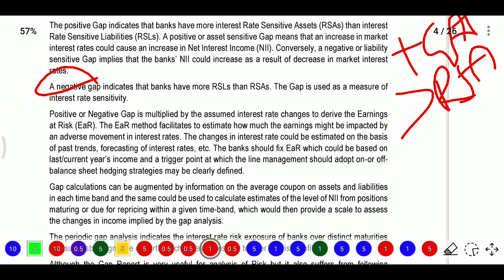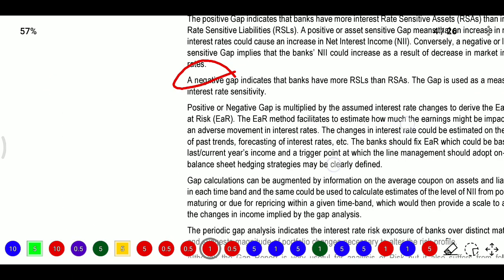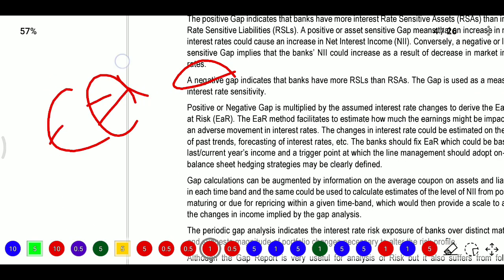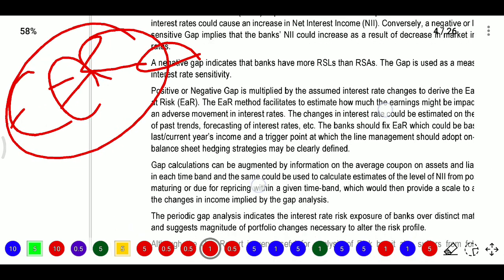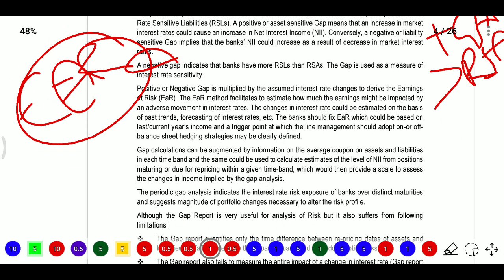So the gap is a measure of interest rate sensitivity. Whether the gap is positive or negative, we need to multiply it with the assumed interest rate change to derive the earnings at risk, EAR. For calculating earnings at risk, we multiply with those rates. The EAR method helps estimate how much earnings might be impacted by an adverse movement in the market.